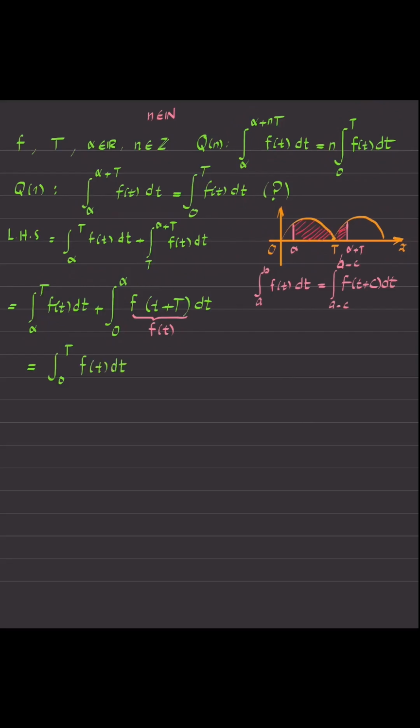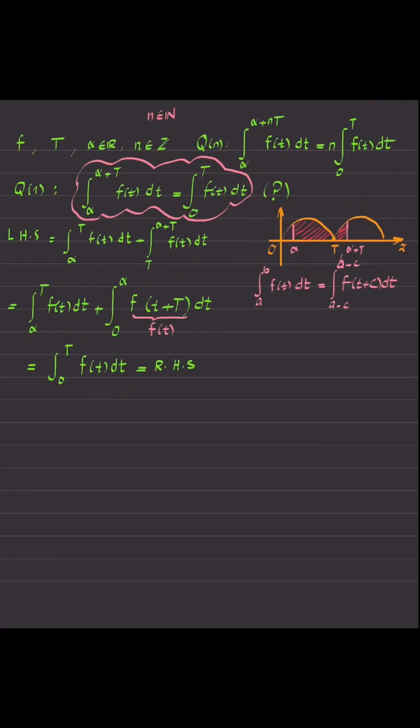And this is exactly the right hand side of the equality that I want to prove. So I was able to prove this. Let me put it in a box.